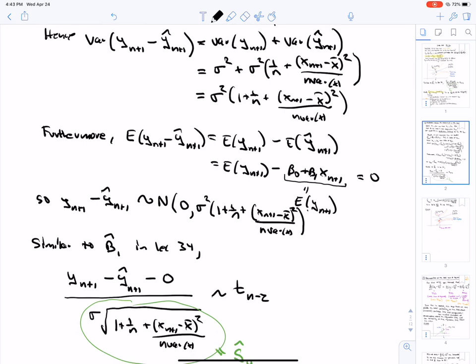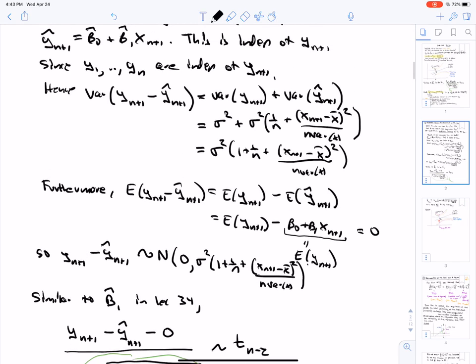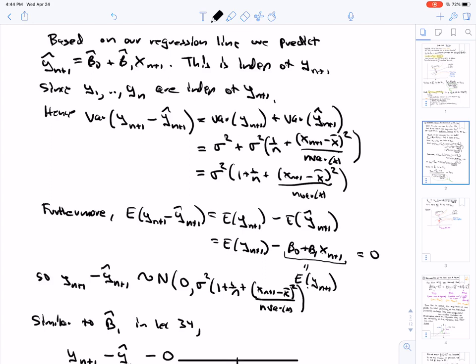So furthermore, the expectation of the residual is just the expectation of yn plus 1 minus the expectation of y hat n plus 1.